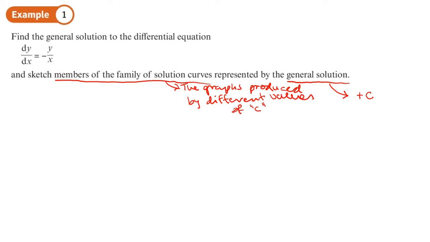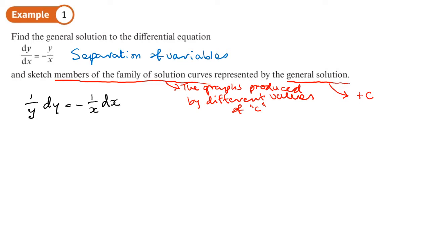Right, so this type can be solved by the separation of variables, which means put all the x terms on one side, the y terms on the other. So if we do that and rearrange it, we'll have 1 over y dy equals negative 1 over x dx.